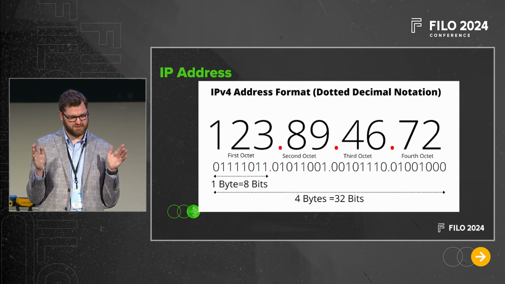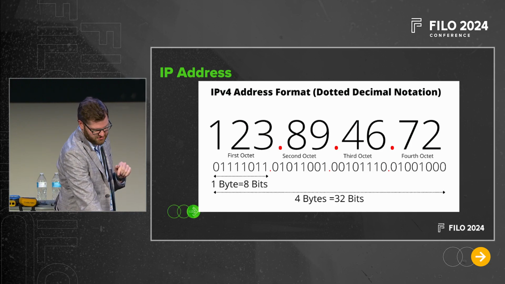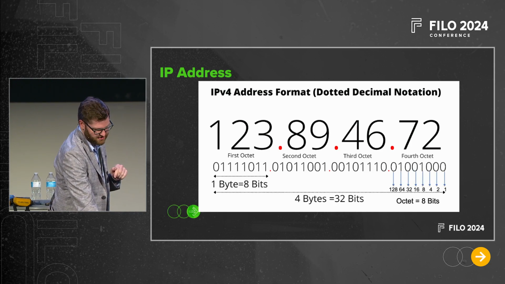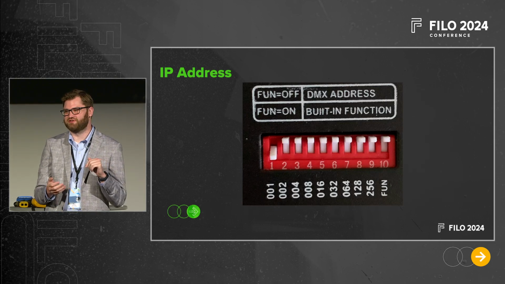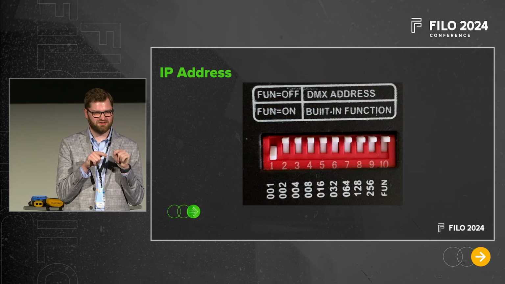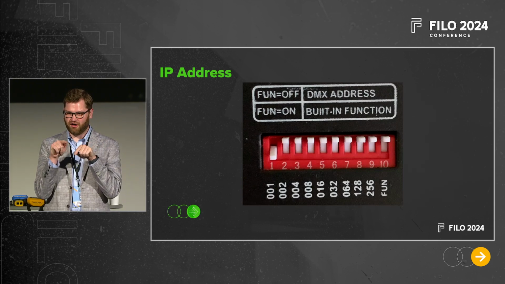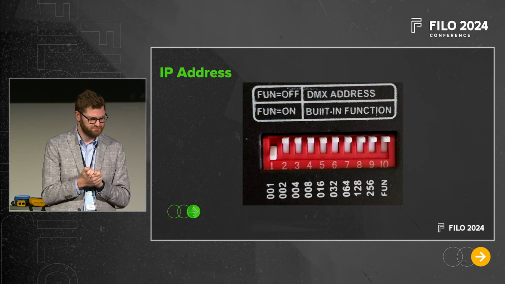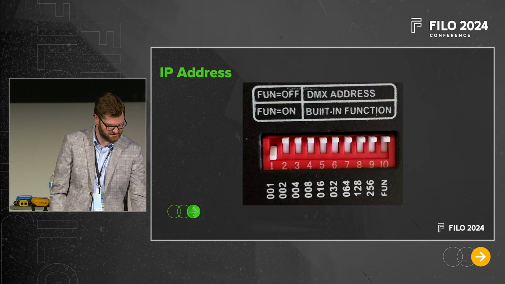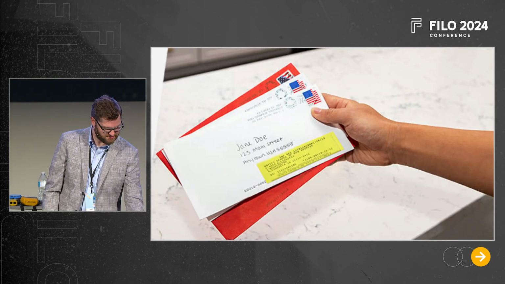So the octet is made up of 8 bits that can either be on or off. The easiest way to think about that is your old school DMX fixture, where you would set your DMX address with a dip switch. Your combination of bits being on or off made your number for that.